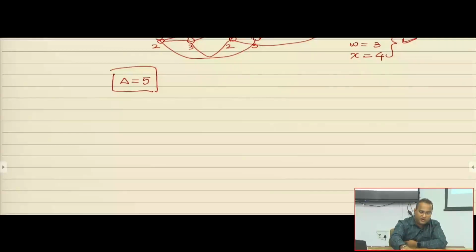Anyone who can explain delta equal to 5? Okay, I am drawing the graph.